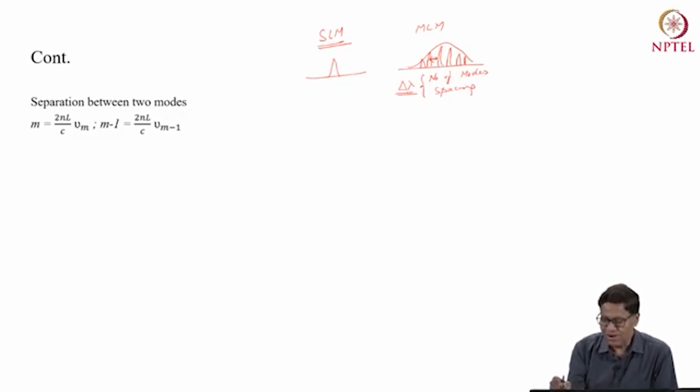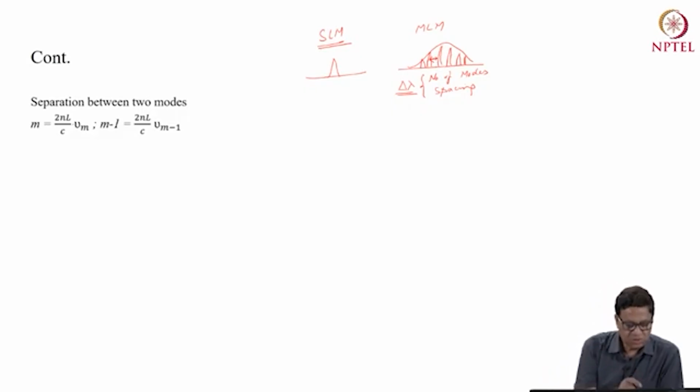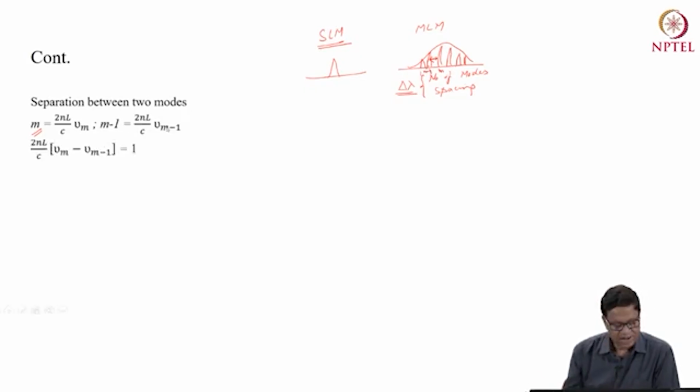To find the separation between two modes, m is equal to 2nL divided by c nu m, corresponding to the mth mode. This is what we did just now. For the m minus 1 mode, this will give us 2nL divided by c nu m minus 1. If I find the difference nu m minus nu m minus 1, it will be c by 2nL.